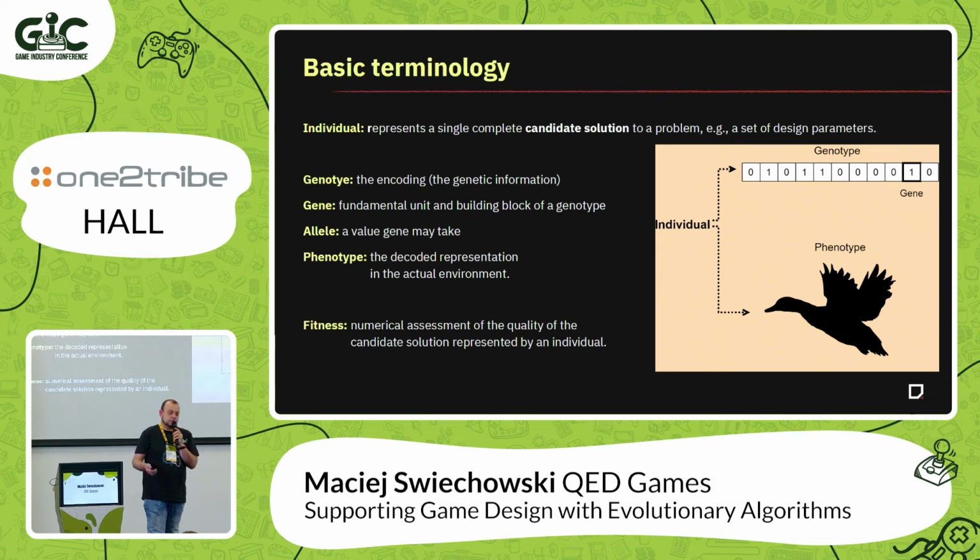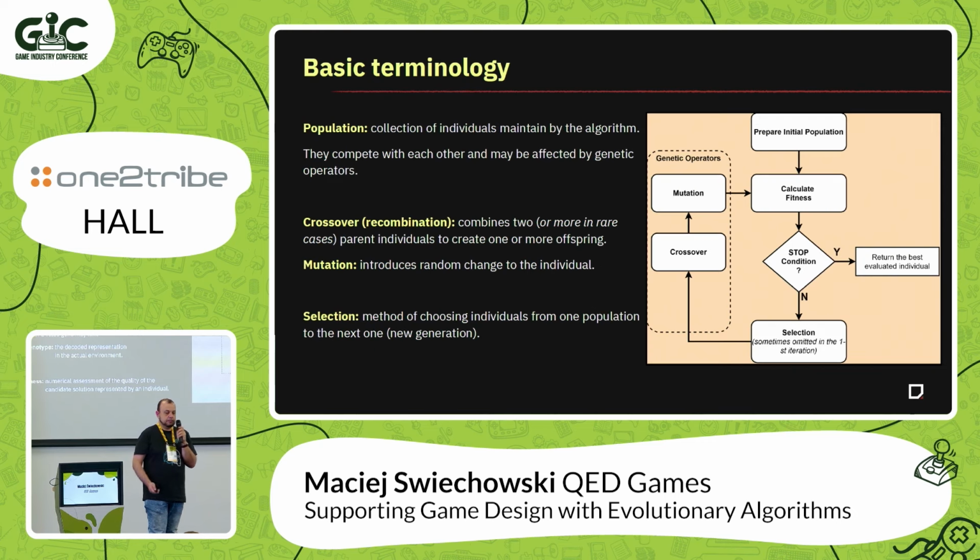A gene is one part, the fundamental unit of this encoding. An allele is the value the gene may take. For example, in classical genetic algorithms, it's bits 1 and 0, so an allele can be 1 or 0. And the phenotype is the materialization of this encoding in the actual space. For example, the genetic encoding can be some DNA sequence, and the phenotype would be the animal, for example. So the actual manifestation in the environment. And fitness is the quality of this individual.